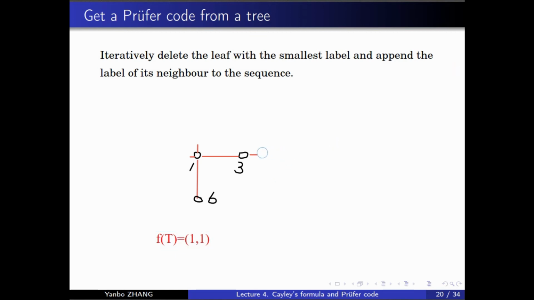We delete 5 and add its neighbor 3 to the Prufer sequence. Now we delete the leaf with the smallest label, which is 3, and append its neighbor to the sequence, which is 1.